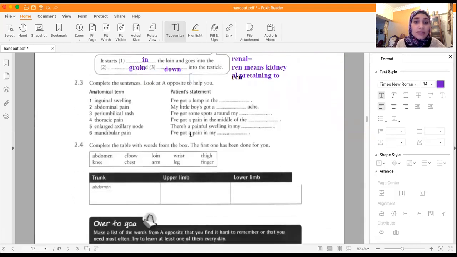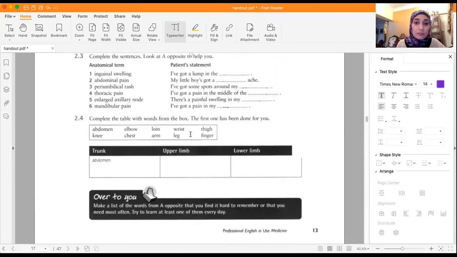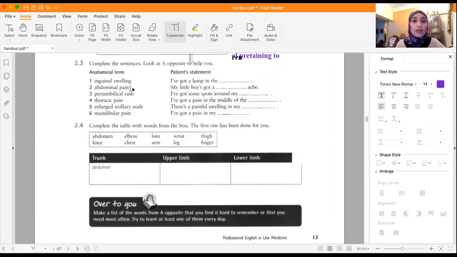All right, complete the sentences. Look at A opposite to help you. Here we have anatomical terms, and we will try to guess what is the statement of the patient using the common English words, all right, instead of using the anatomical term.